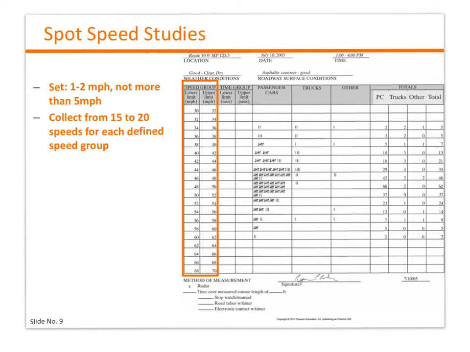You want to have a good estimate of how many cars per certain segment of the speed, because eventually we are going to develop a normal distribution for the statistical analysis, which includes the average, standard deviation, the 85th percentile, as well as the pace. Also, it is recommended to collect somewhere between 15 to 20 speeds for each specified speed group, at least in the middle range.